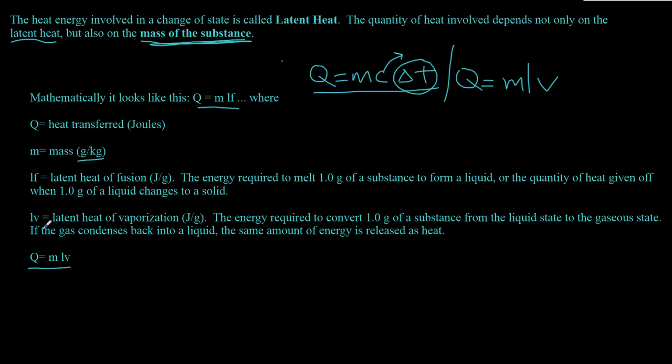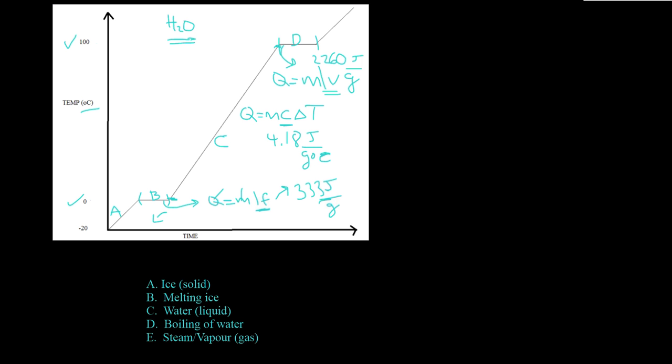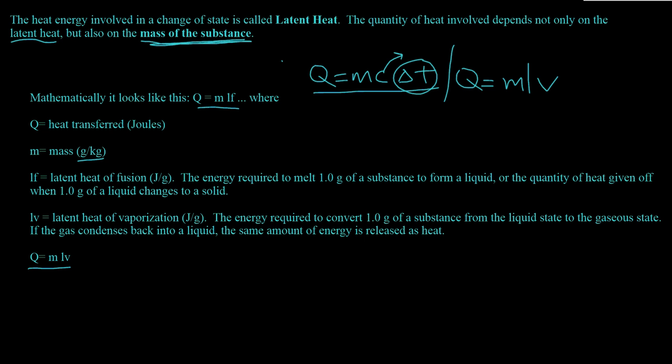We're going to look at some problems shortly, but I just wanted to give you a general idea of what's happening here in terms of substances changing states. Okay, and we're going to use the term latent heat with different substances shortly.